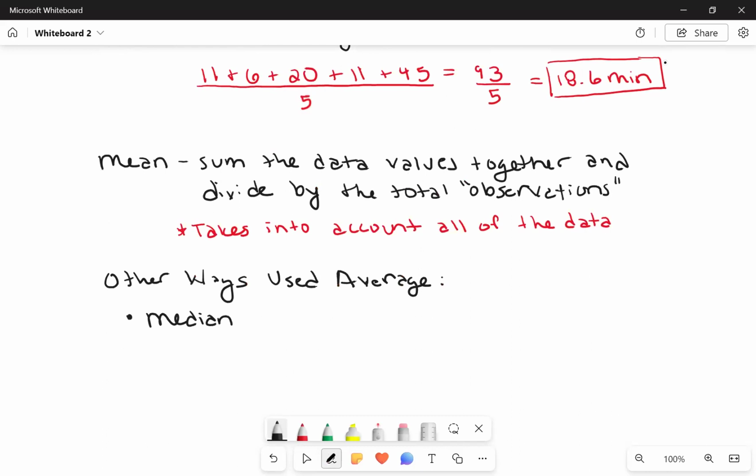But let's just refresh our memory on the median.